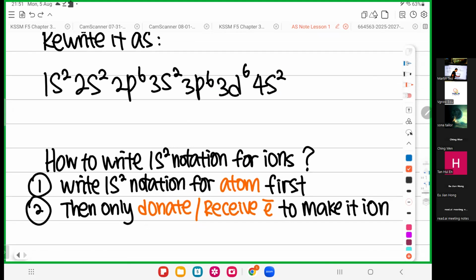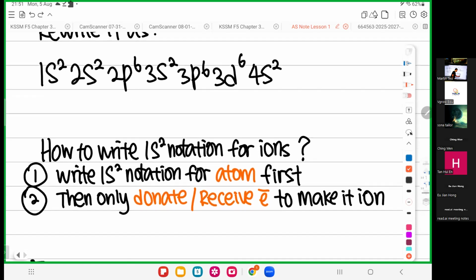Write the 1s2 notation for the neutral atom. Then only you donate or receive electrons to make it an ion: donate electrons to make a positive ion, or receive electrons to make a negative ion. That is what we need to do.